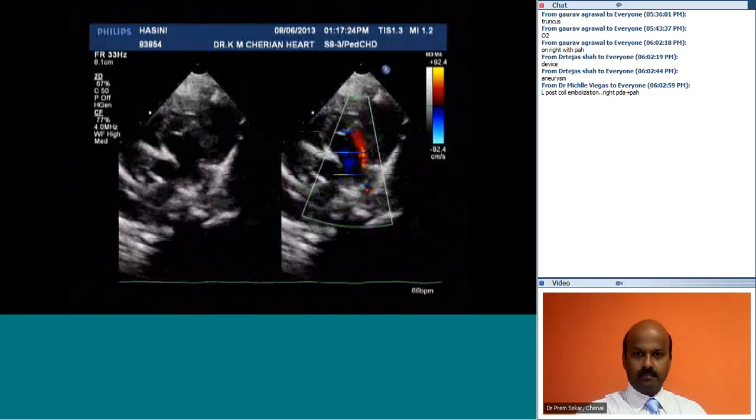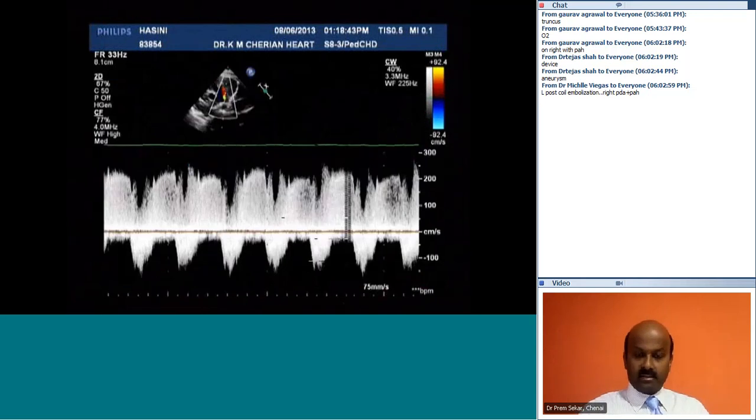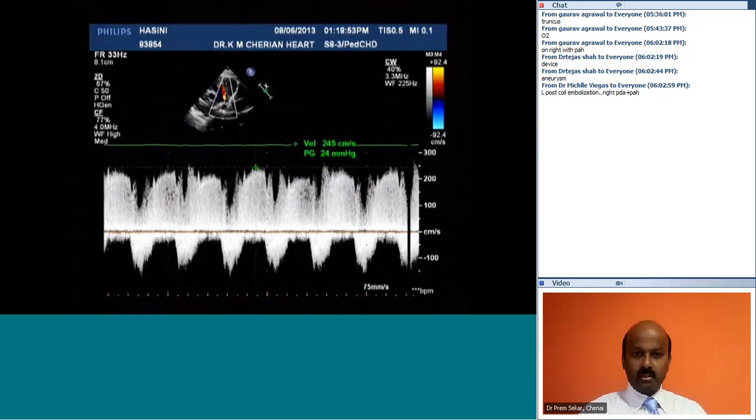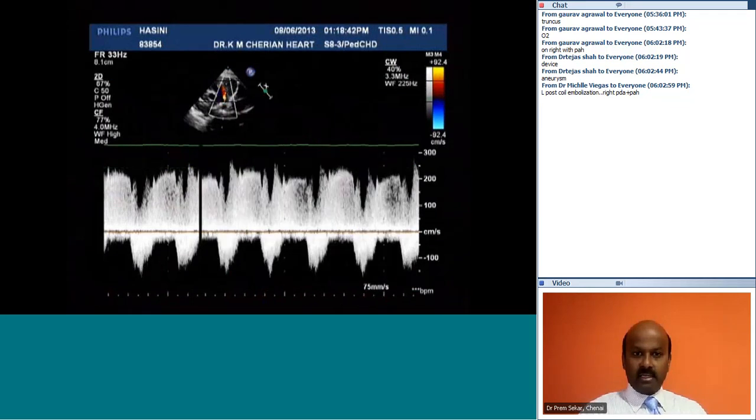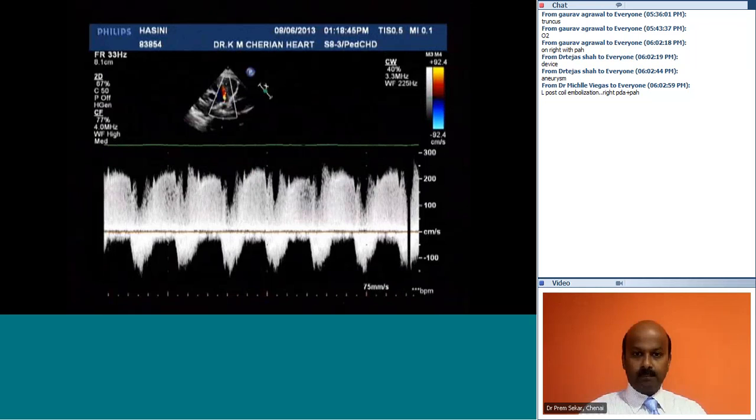And this is the same baby, the PDA you saw in the earlier slide, and Doppler interrogation of the ductal shunt, showing a left to right shunt with a left to right pressure gradient of only 24 millimeters of mercury, which suggests that the pulmonary arterial pressures have really fallen down to normal, as you would expect.